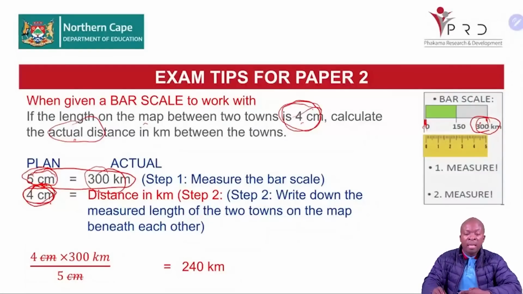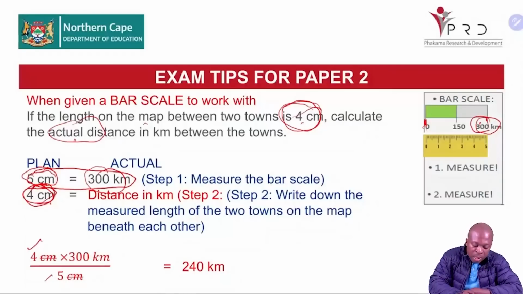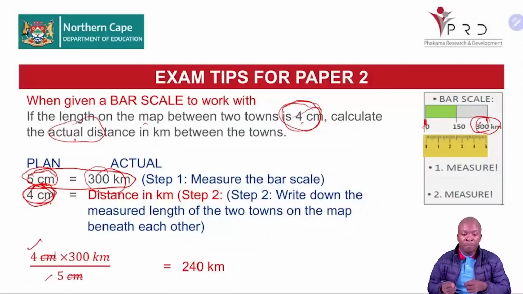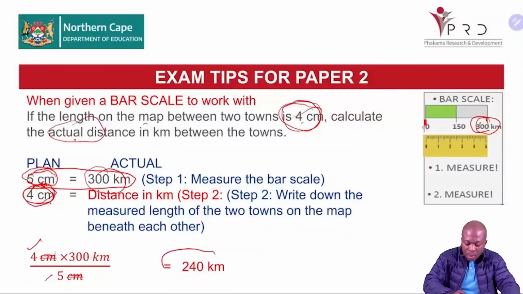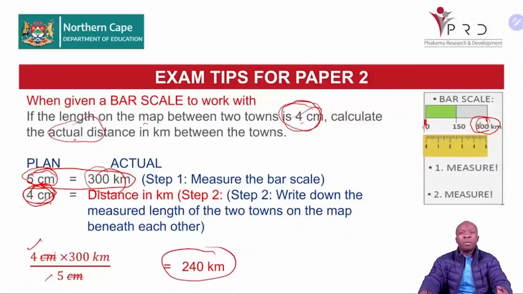In our case here, the last number is what? 300. So you see I've written 4 centimeters divided by 5 centimeters multiplied by 300. So you see I am able to cancel the centimeters, meaning my answer is going to be in kilometers. Then you take your calculator, you press, you will get your answer.